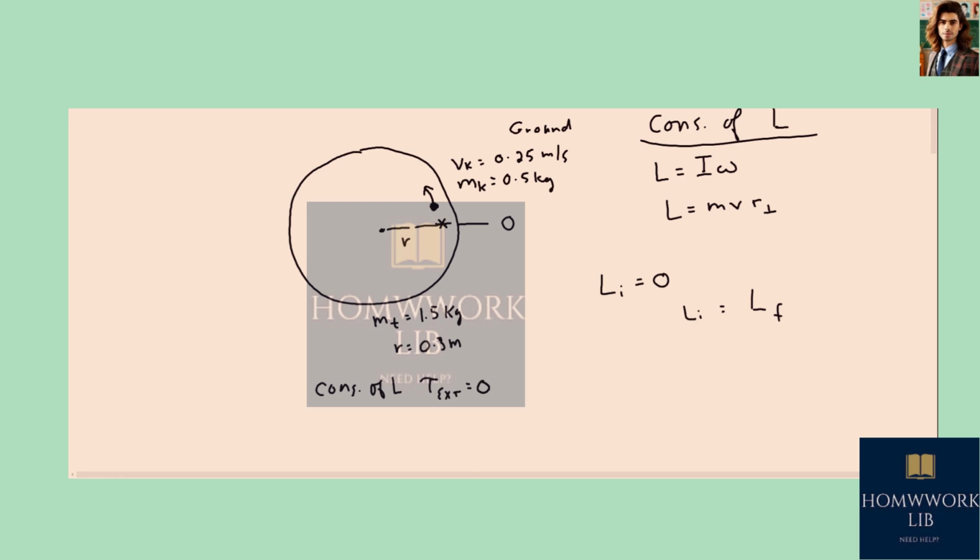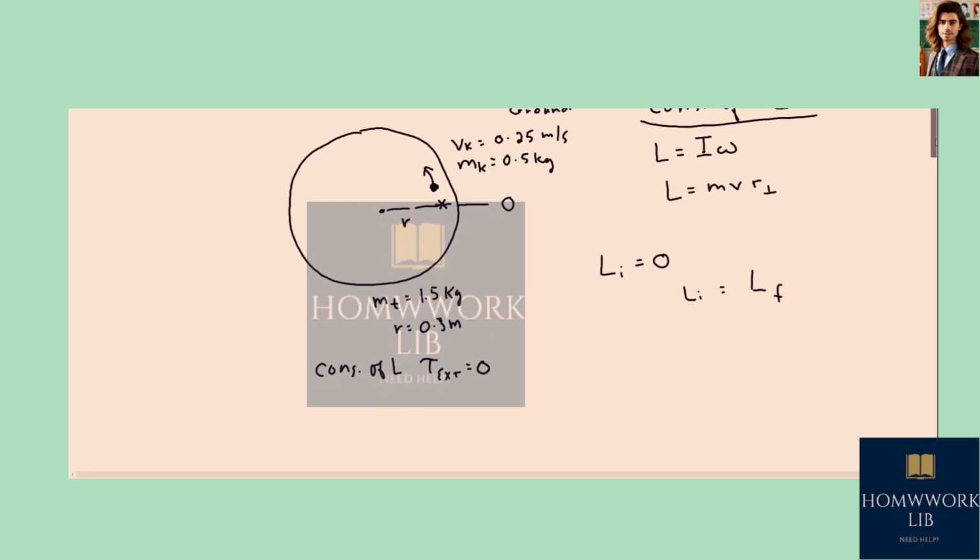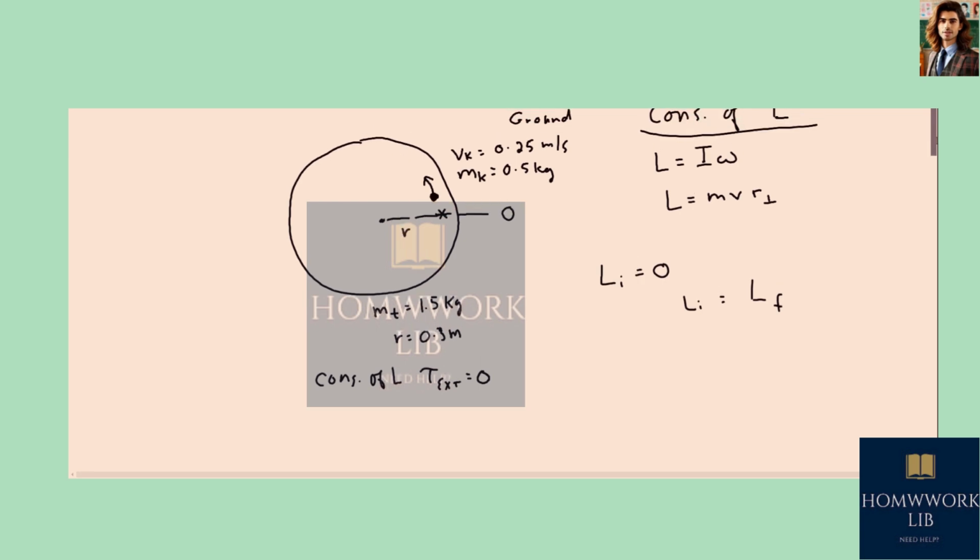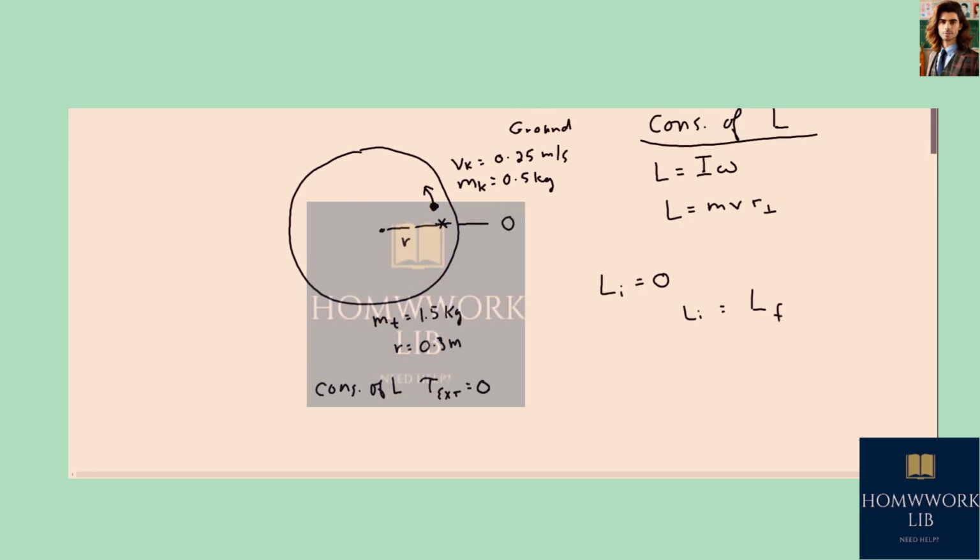And we are told that the turntable is on bearings with very low friction or negligible friction. Of course, with a kitten sitting on those, that could change, but we won't worry about that. So let's write down the conservation of angular momentum equation.